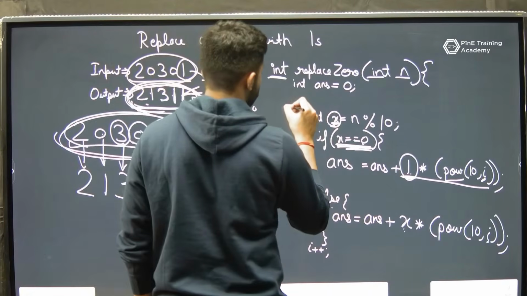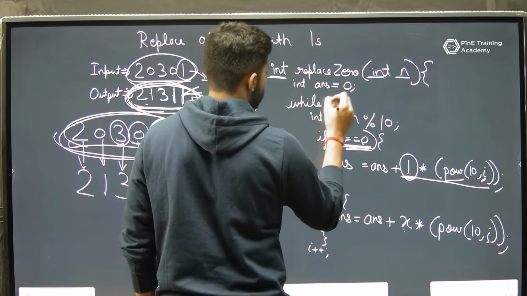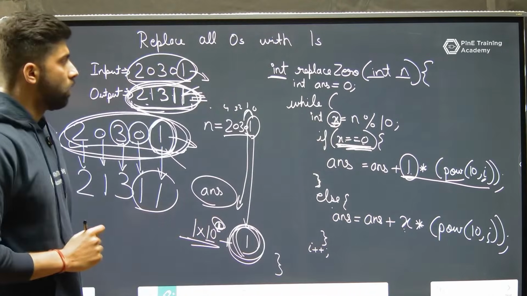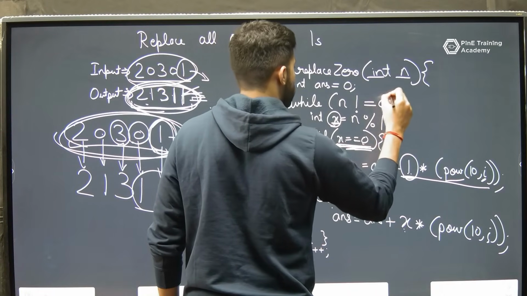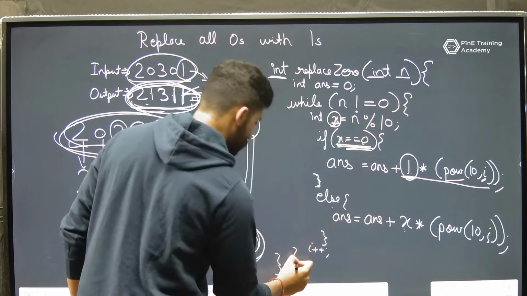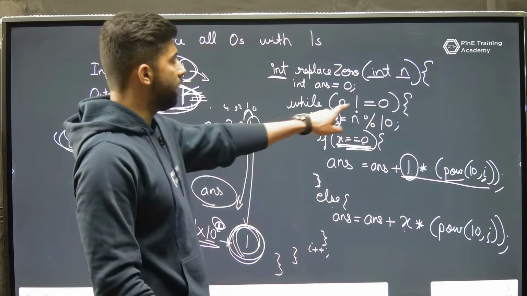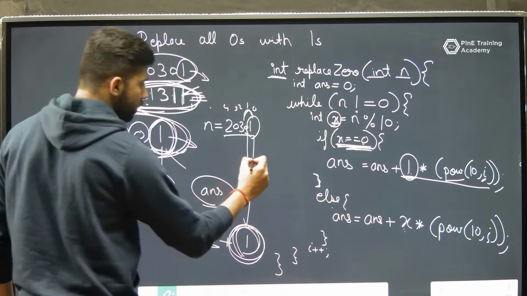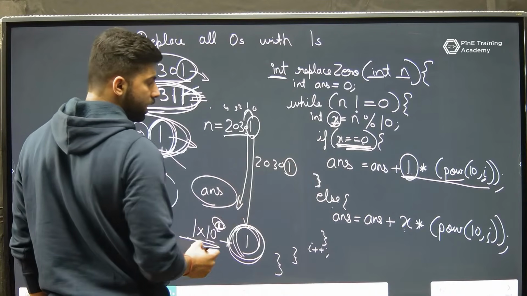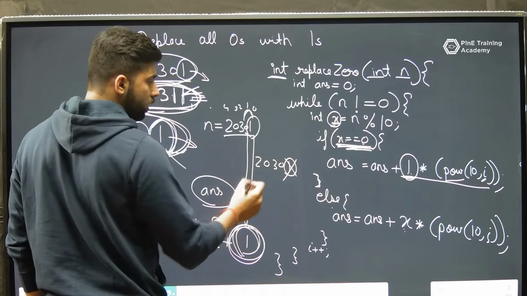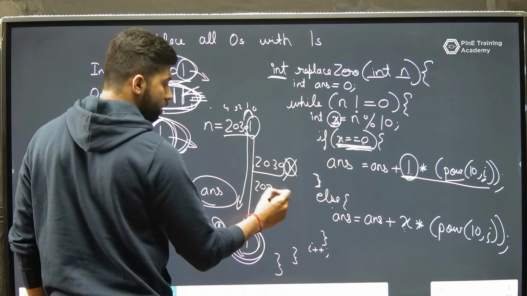So we have written while n is not equal to 0. So what we are doing is, when we have used this digit, we will remove it. Then we are left with 2030.